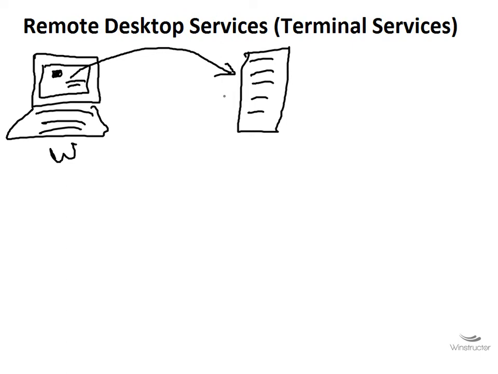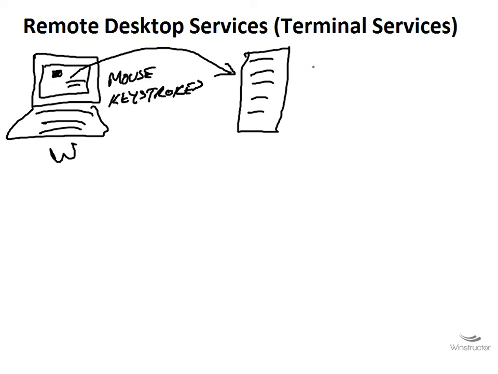So pretty much all that's happening is that the user's computer over here is sending mouse clicks and keystrokes from the keyboard over to our server, which then takes those clicks and presses and performs them on the server's desktop and the server's applications.